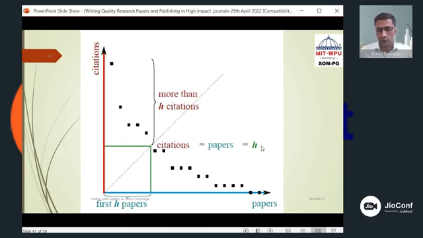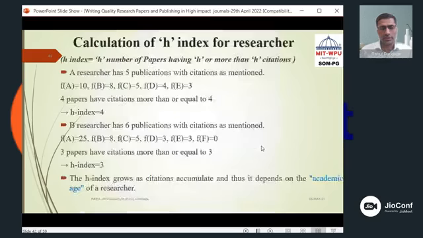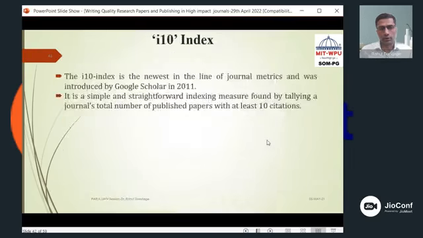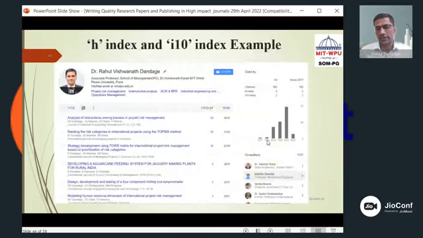H is the number: if your H papers have got H or more than H citations, that is your H index. So I will show my own H index and then we will discuss.